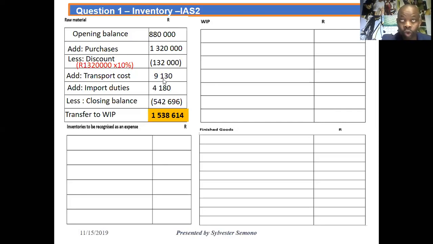Secondly, we need to go to the work in progress. Firstly, again, we need to make sure that we take the transfer. We said the transfer to work in progress, so you must go and transfer that raw material to the work in progress. Can you see the amounts are the same? Okay, so we need to make sure that we know how to relate the two. So this total has been transferred to the work in progress.